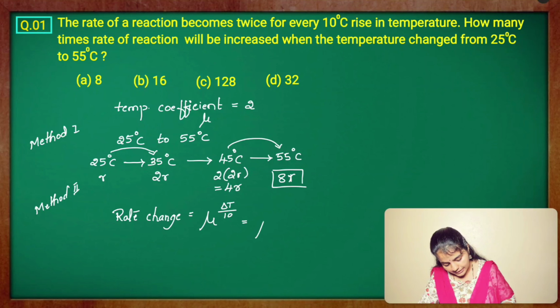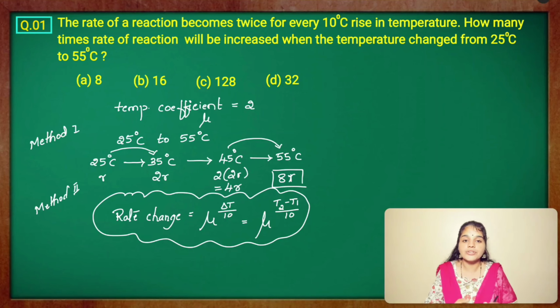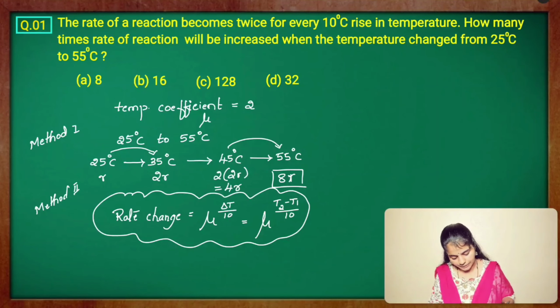Delta T is nothing but T2 minus T1. So this is a short formula using which you can solve this type of problems. So rate change is given by mu to the power delta T divided by 10. Delta T is nothing but the difference in the temperature, T2 minus T1.